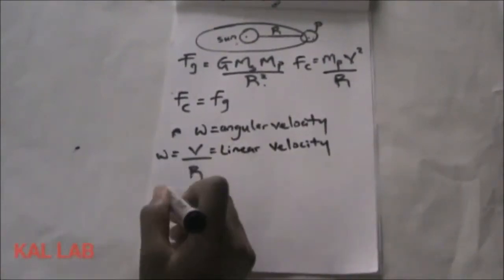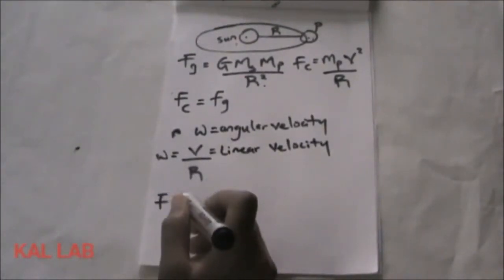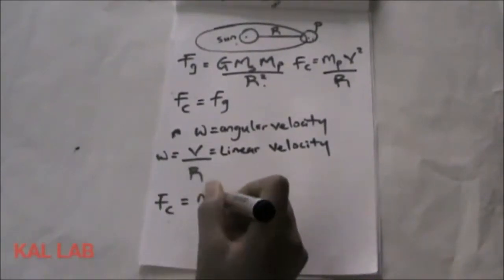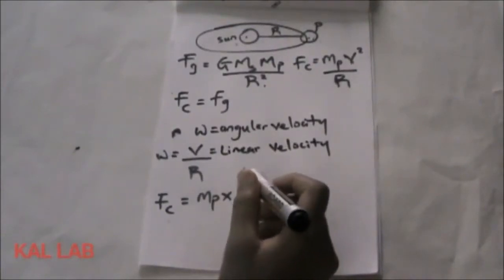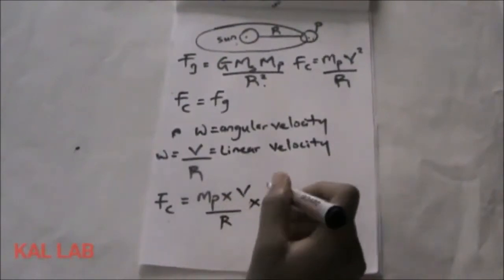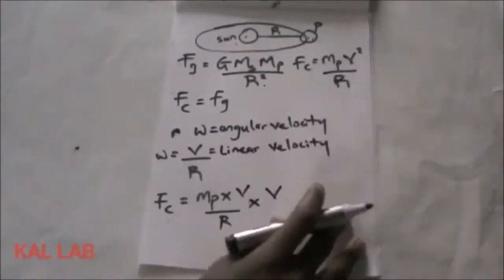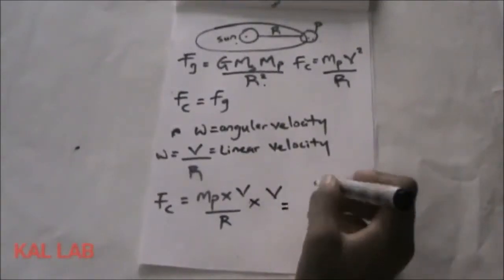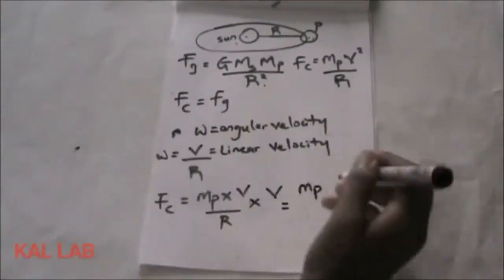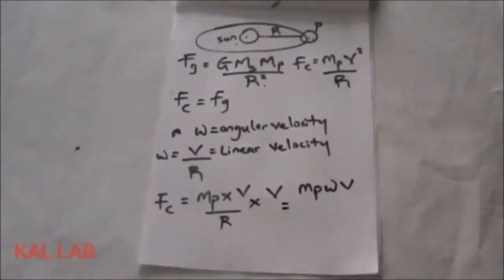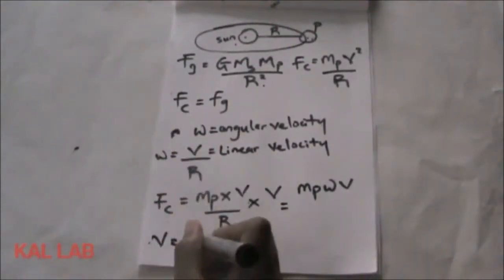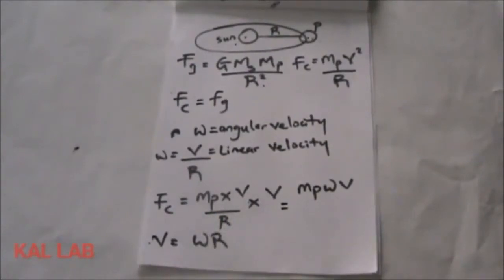So therefore, the centripetal force is equal to mp multiplied by v over r multiplied by v, which is v squared, and this is equal to mp v over r times v. As you can see here, v over r is w, and v from here is equal to w r.